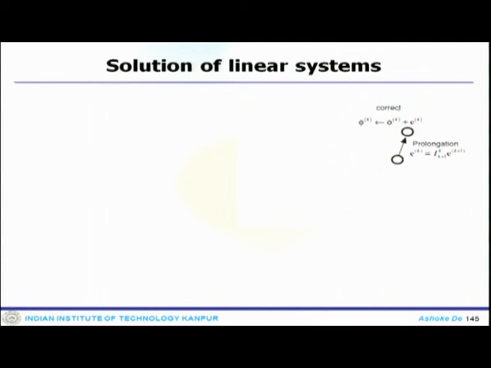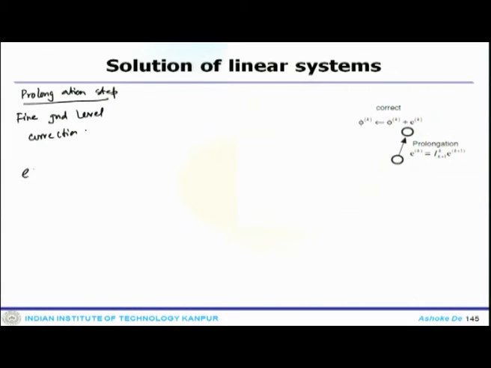Now, the other step which could be used is the prolongation step and fine grid level correction. So, the prolongation step, or fine grid level correction, is the operator that is used to transfer the correction from a coarser to a fine grid level.